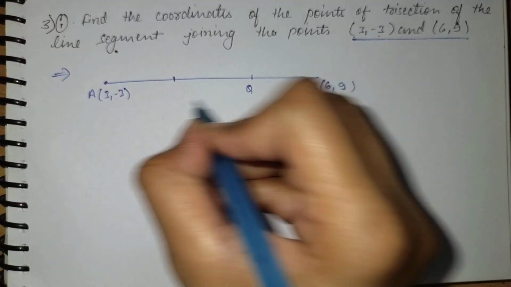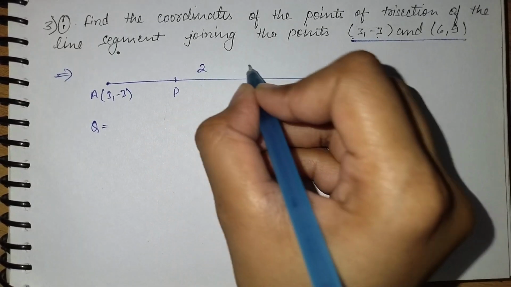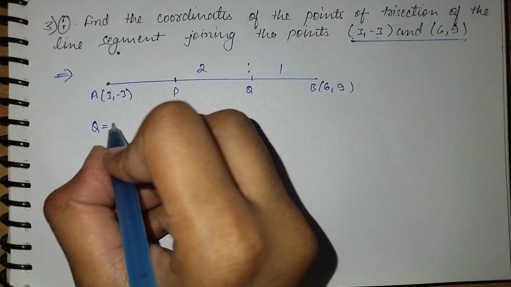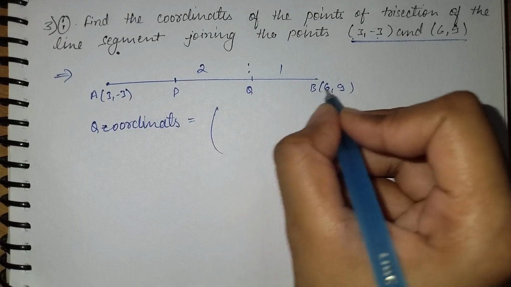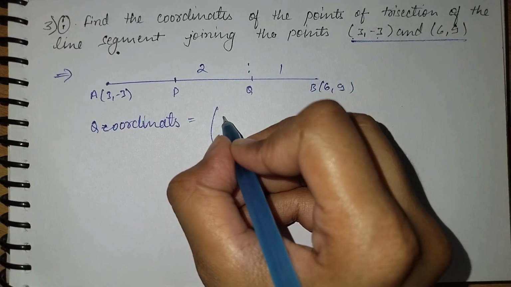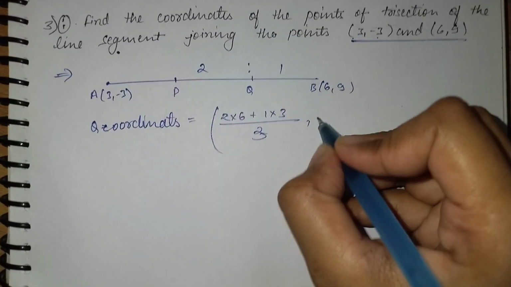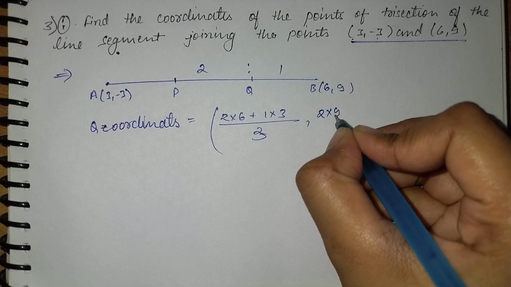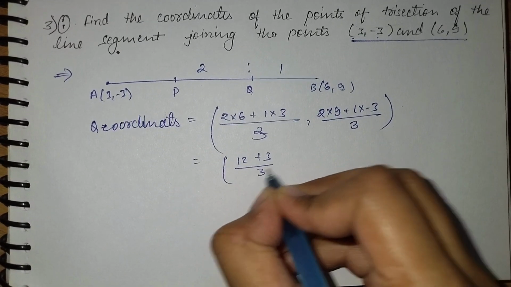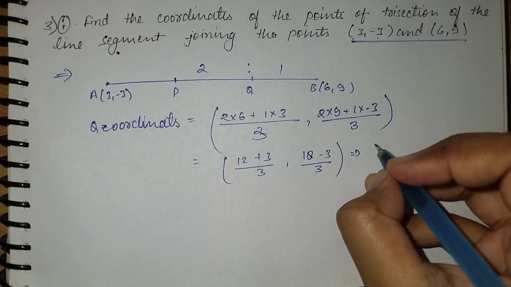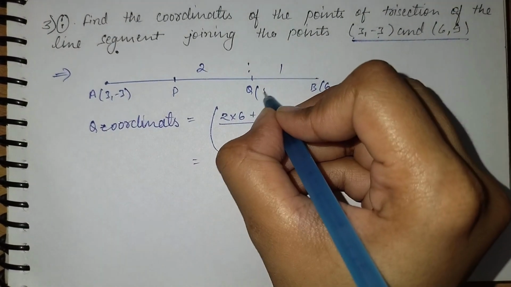Let this be Q and this be P. Finding the value of Q, which divides in 2:1, the coordinates of Q will be (2 into 6 plus 1 into 3) upon (2 plus 1), and (2 into 9 plus 1 into minus 3) upon 3, which equals (12 plus 3) by 3 comma (18 minus 3) by 3, equal to 5 comma 5. So these are the coordinates of Q, 5 comma 5.